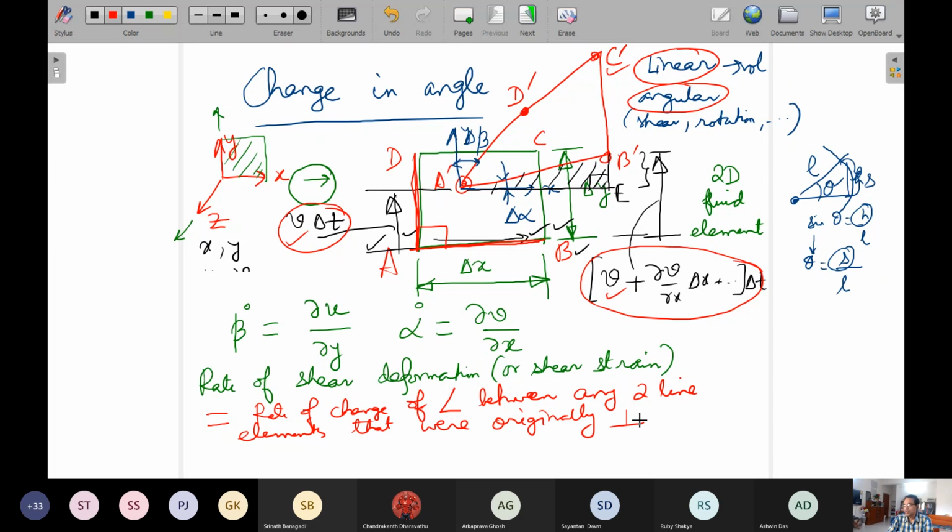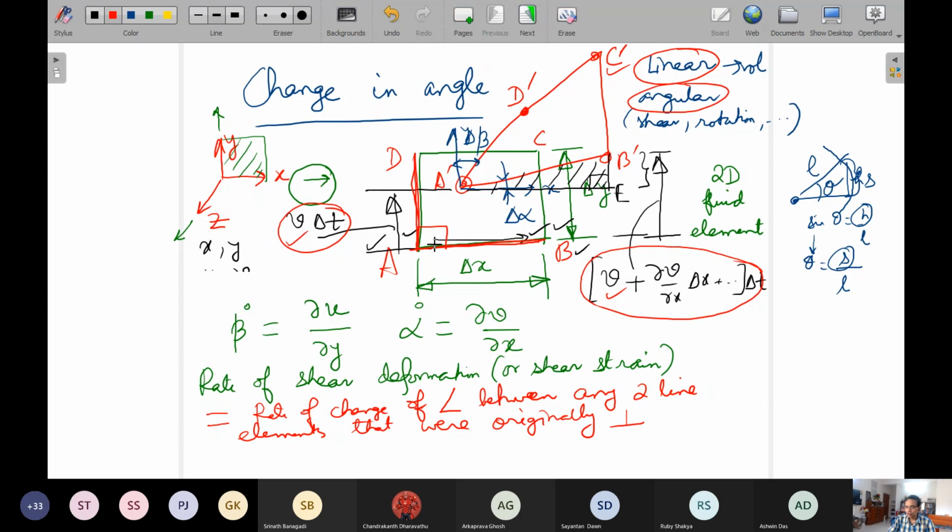I mean, better to say in a more formal language orthogonal, but I have mentioned perpendicular because geometrically that is more obvious to follow. Now, already those two lines we have identified. There could be several ways of identifying this, but one most obvious is this x and y axis. They were originally 90 degree apart.